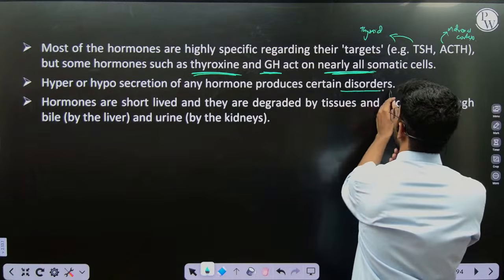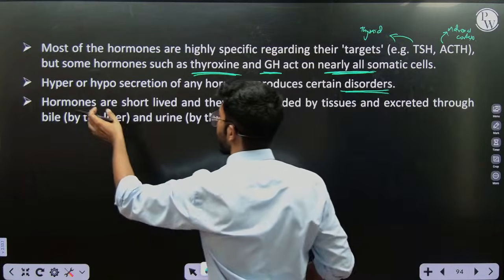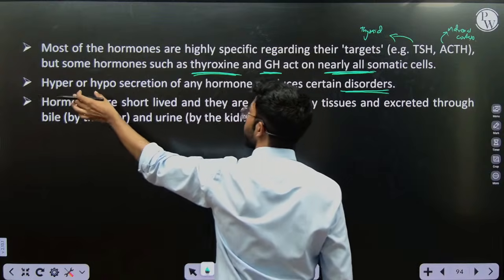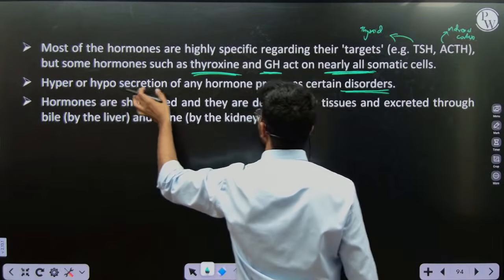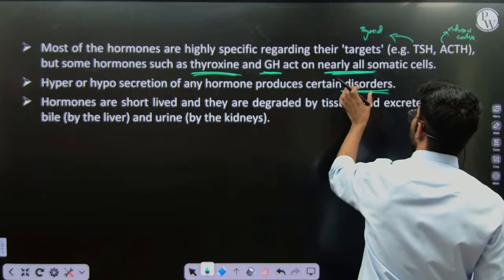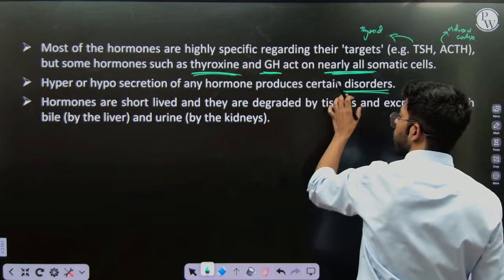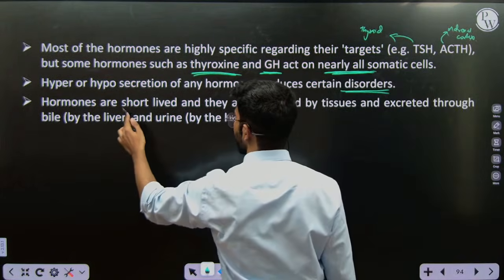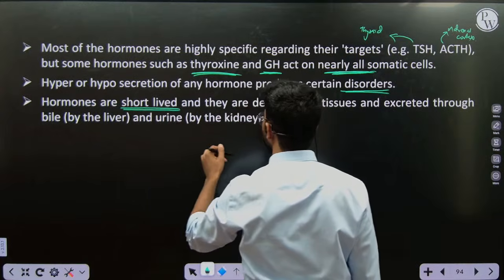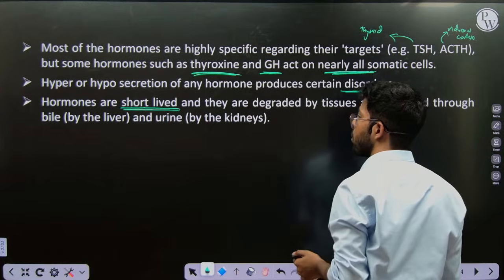And there are some disorders when any hormone is released in hyper or hypo condition, which will lead to disorder or deformity. Now hormones are short-lived and they are excreted out by the kidney also.